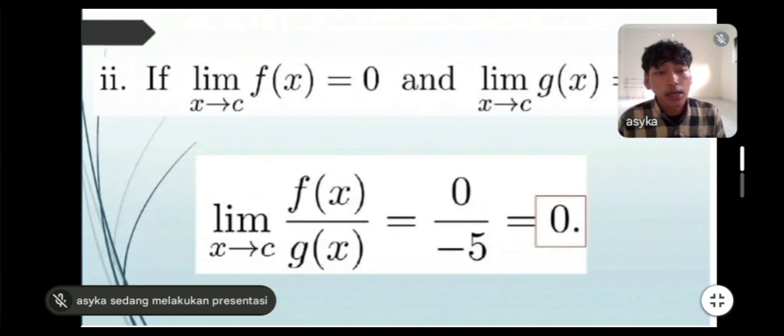And another example, if limit x approaching c f(x) equals 0 and limit x approaching c g(x) equals minus 5, we can write limit x approaching c of f(x) over g(x) equals 0 over minus 5, which is 0.